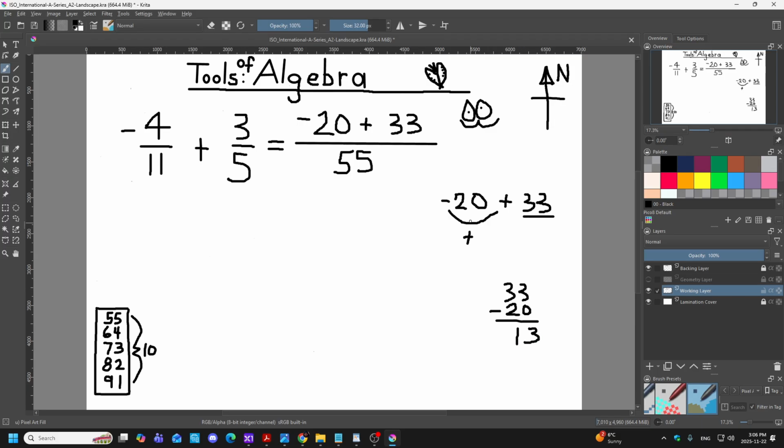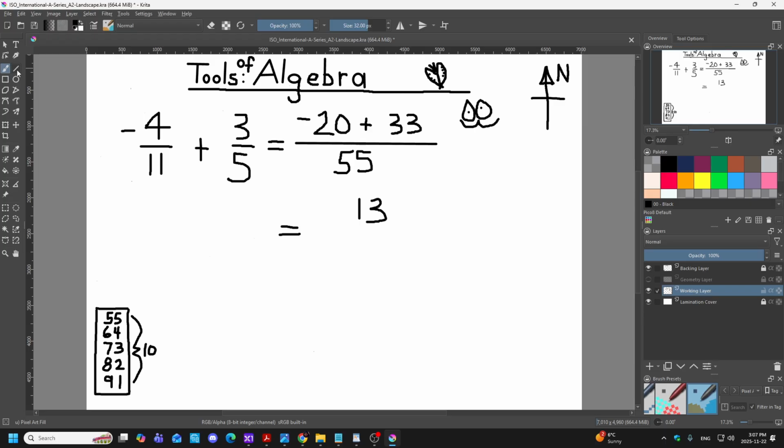Okay, so I'm going to clean things up. We've determined that our final answer is going to be a positive 13, okay? Continuing the work. 13, right?